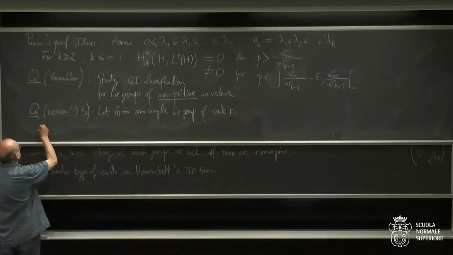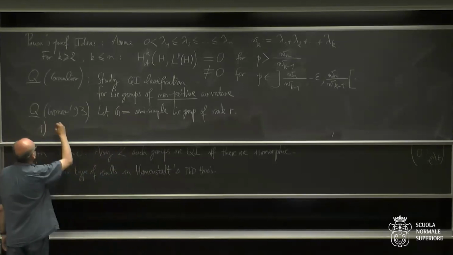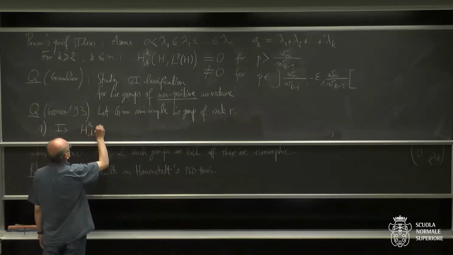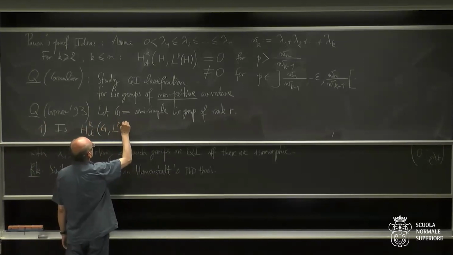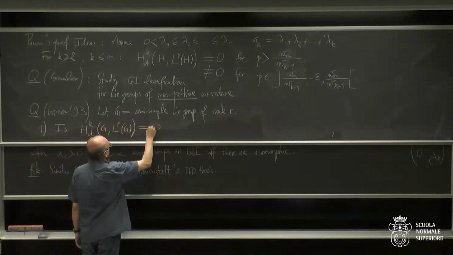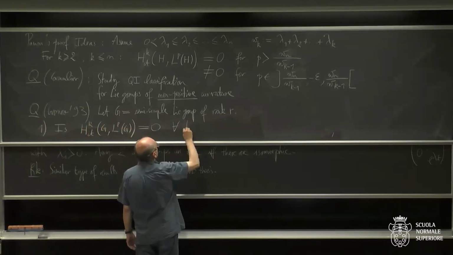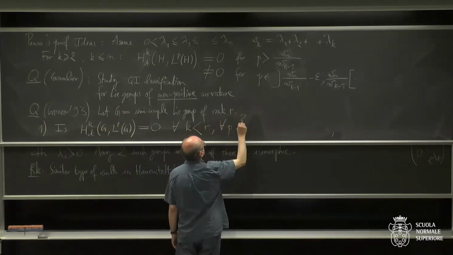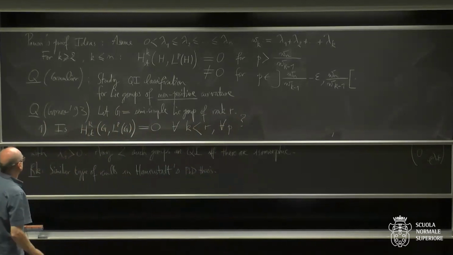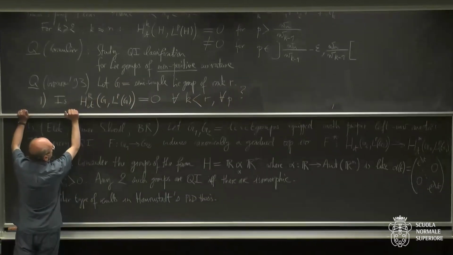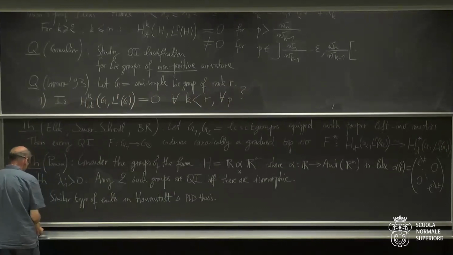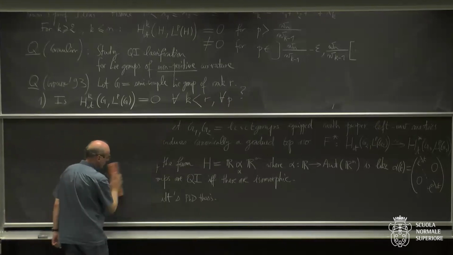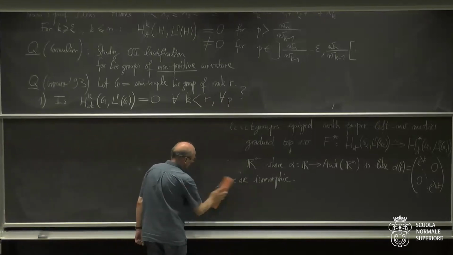So first question: is the cohomology of G with values in L^p of G zero for every k strictly smaller than the rank and for every p? The second question is what happens in degree equal to the rank.